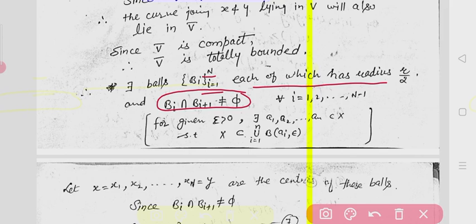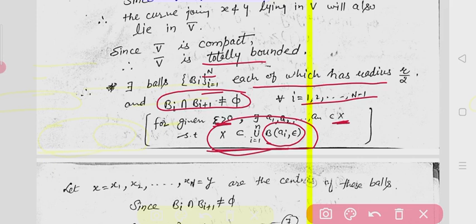For i equal to 1 to n minus 1. Okay, because we want to apply the definition for the totally bounded. For the totally bounded, we can say that if capital X is totally bounded, so we will say that for given epsilon positive, there exists the points a1, a2, a3, an in X. अगर हम उन पॉइंट के अराउंड बॉल ड्रॉ करते हैं और हैविंग द रेडियस ऑफ एप्सिलॉन, एंड इफ वी टेक द यूनियन ऑफ दैट बॉल्स, then the X will be contained in that union of the balls, or you will say that the union of the balls will cover the whole X. That is meant by the totally bounded.